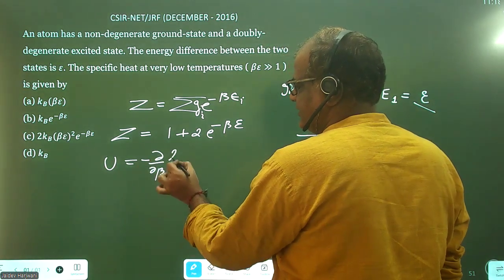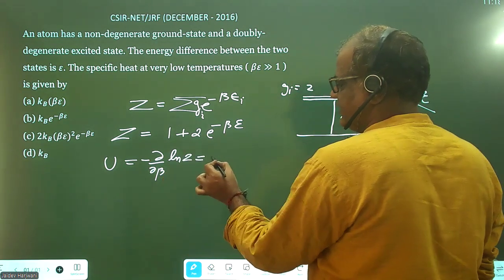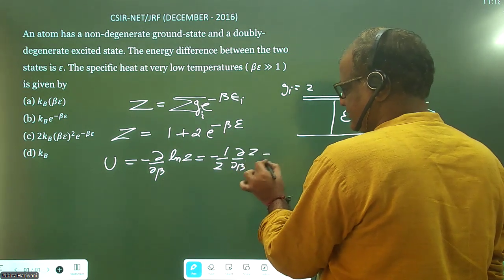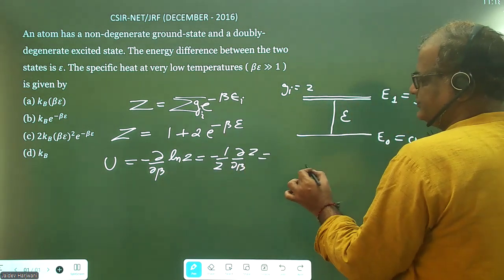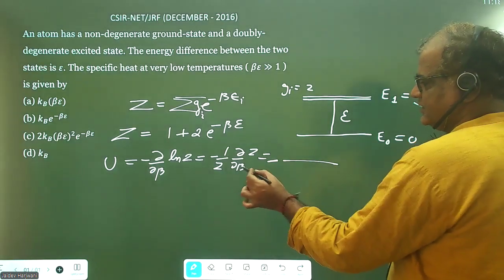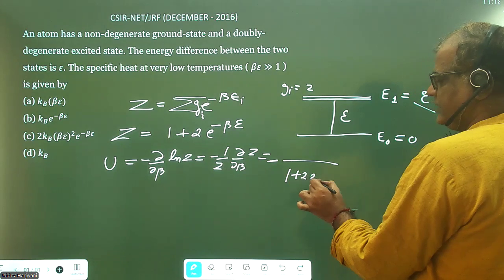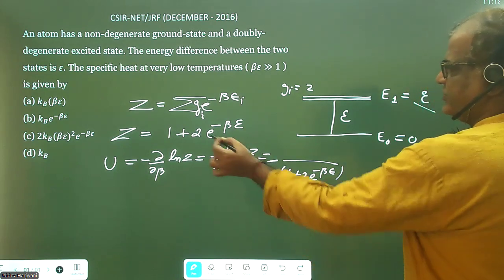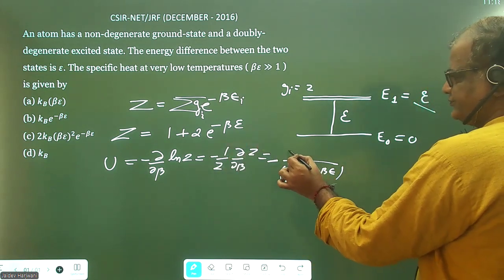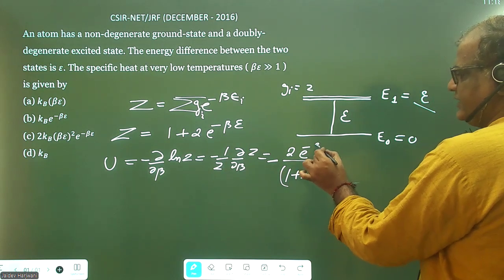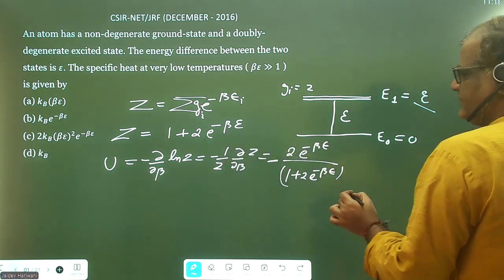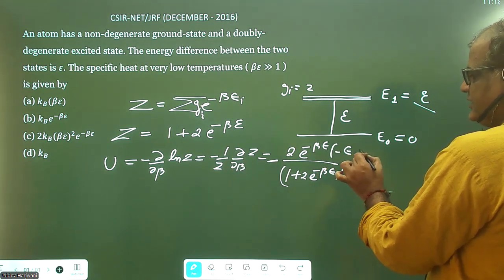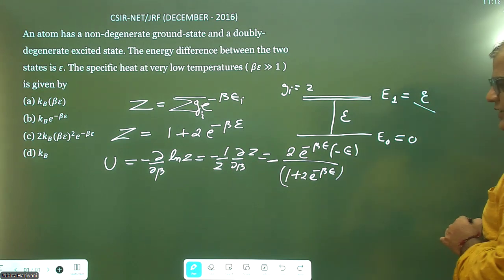or you can say this is minus 1 upon Z del Z upon del beta, where Z is 1 plus 2 e to the power minus beta E. If I differentiate this, it will give me 2 e to the power minus beta E, and differentiating the power gives me minus E, because I'm differentiating with respect to beta.